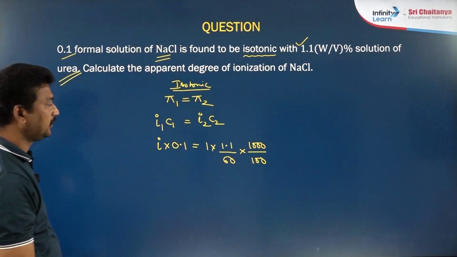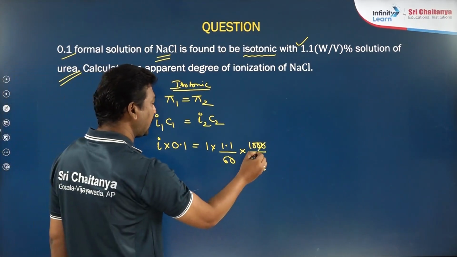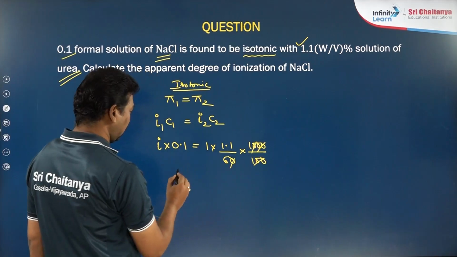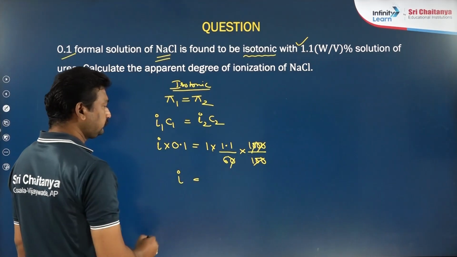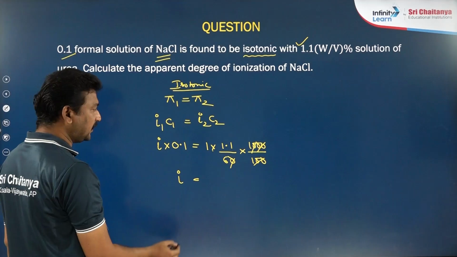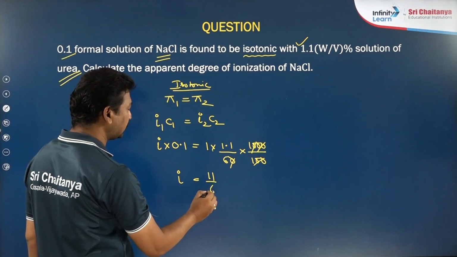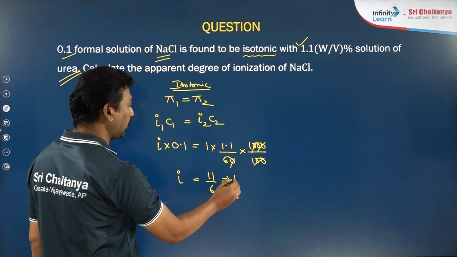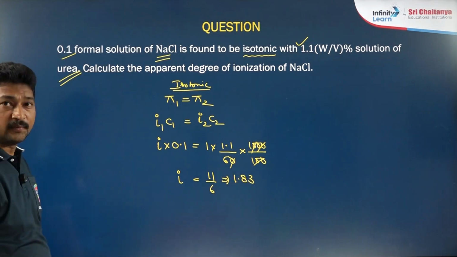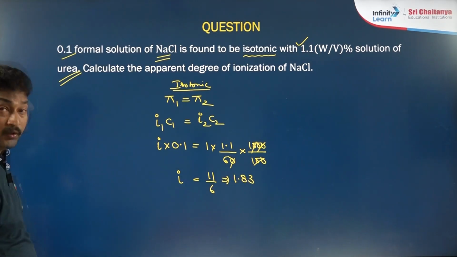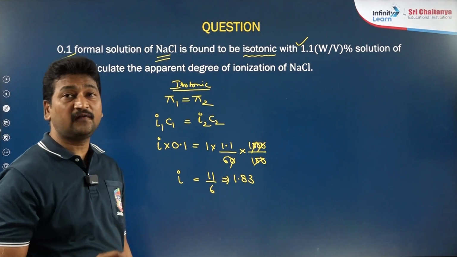So these two zeros cancel, and when you bring 0.1 to the other side, it becomes 10, 10 into 1.1, 11, 11 by 6, which is 1.83. What's the 11 by 6 value? 1.83.